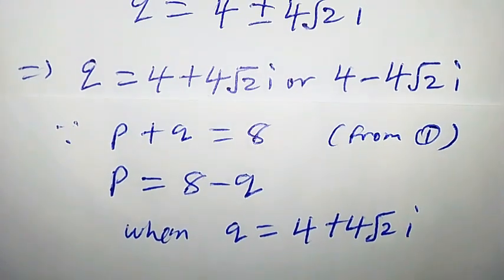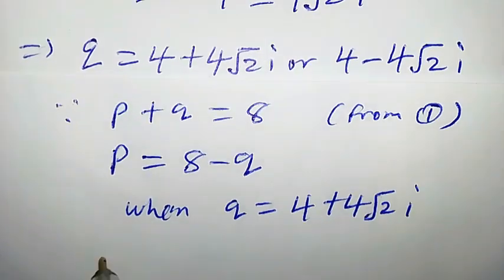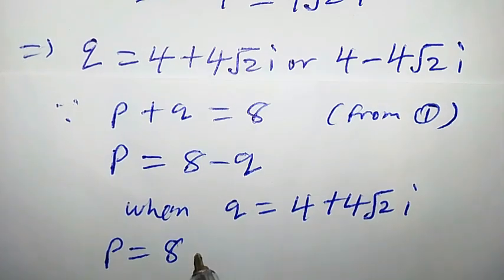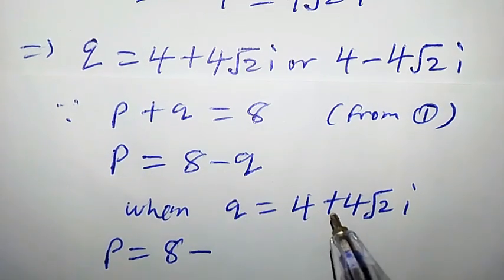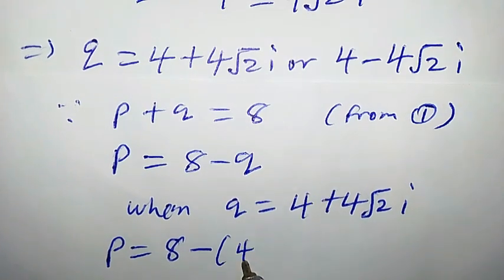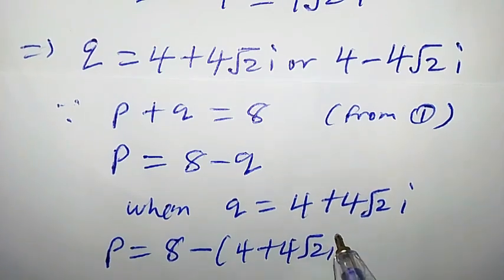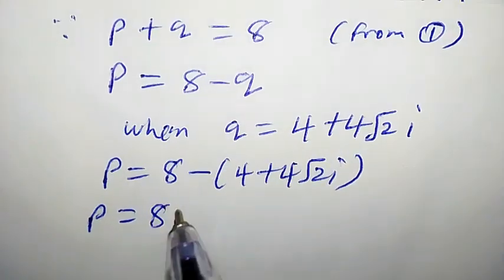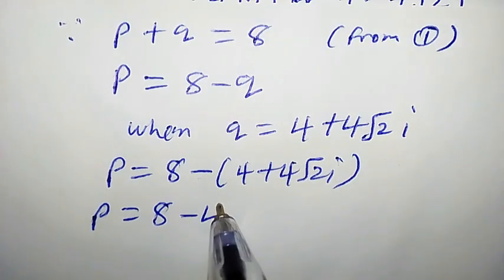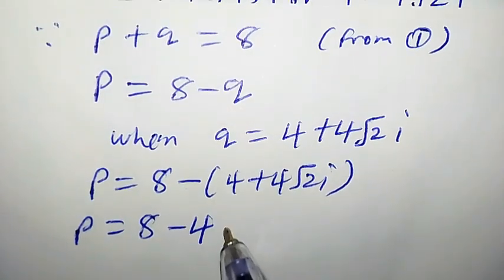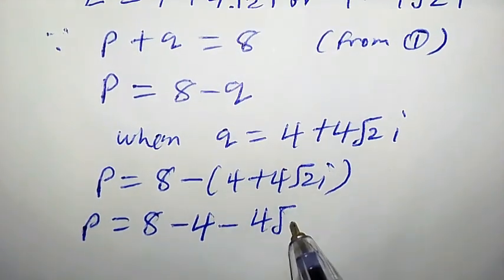So what will be the value of P? P equal to 8 minus, what is Q? This is Q now, 4 plus 4 root 2I. P equal to 8 minus times 4, that is negative 4, minus times this, that is negative 4 root 2I.